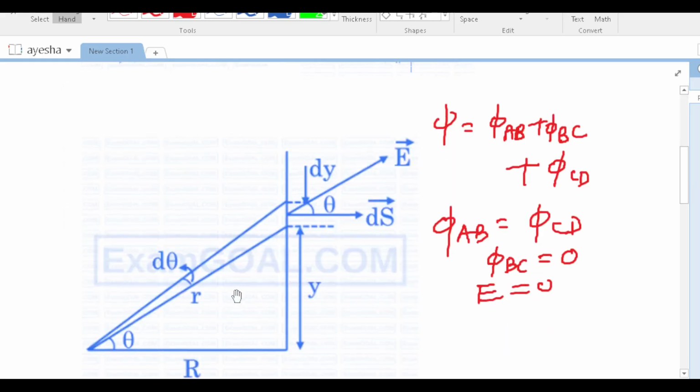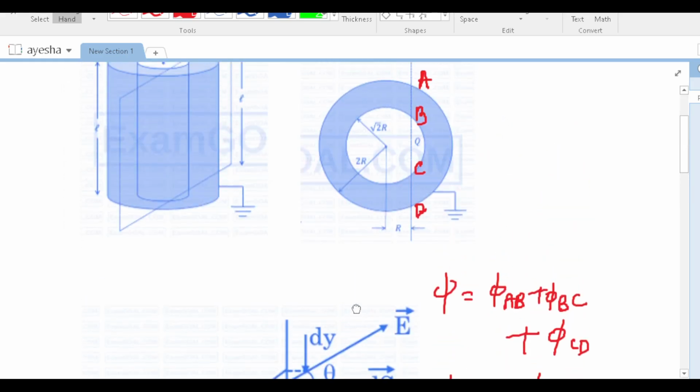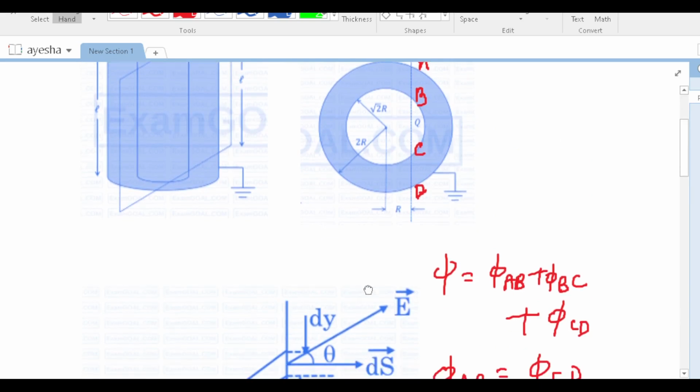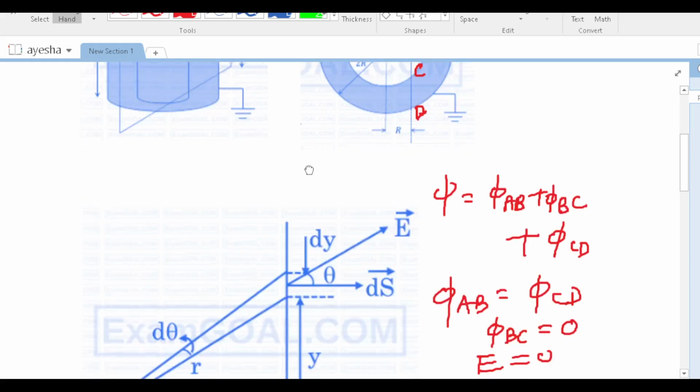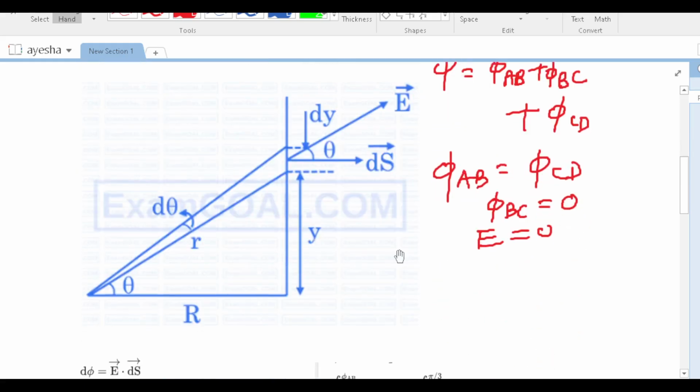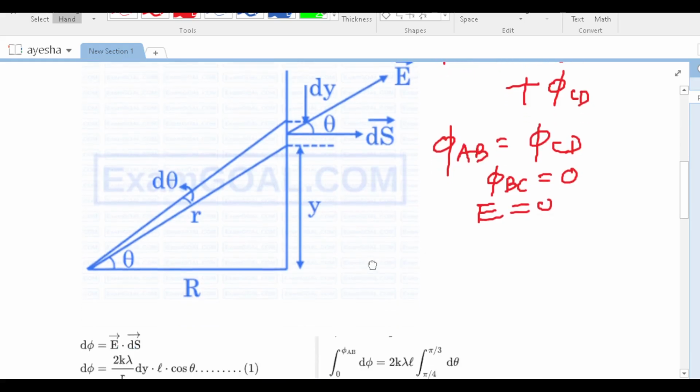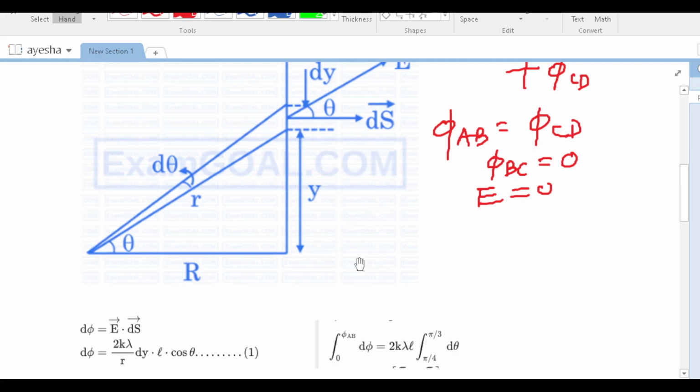The standard approach will be to take an element between A to B, and by symmetry, the CD portion also will contribute the same number of lines. Here we are assuming that the plane cut that has been made is sufficiently long. Now, if you take an element, we have to crack the geometry first, and we will apply this: the elemental flux will be E multiplied by the elemental area dS.